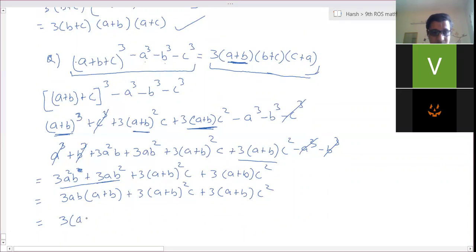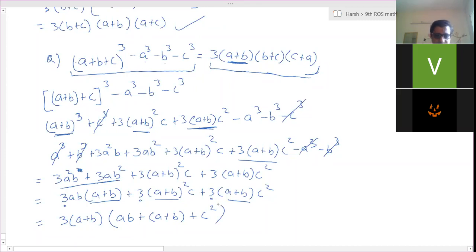So now what is common? 3(A plus B) is common in all the terms. 3(A plus B), 3(A plus B), 3(A plus B). Correct? So now what is left out? AB plus A plus B. Oh, sorry. Okay. So then C. What is left out? A plus B we have taken, C square.